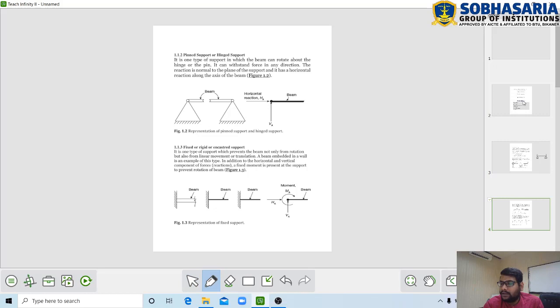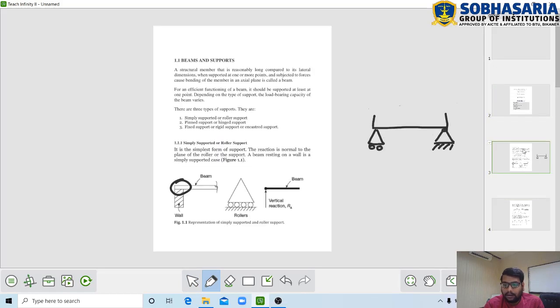Like we can see in roller support, when you draw the reaction forces, the beam is shown, then there is an arrow indicating the vertical reaction RA.